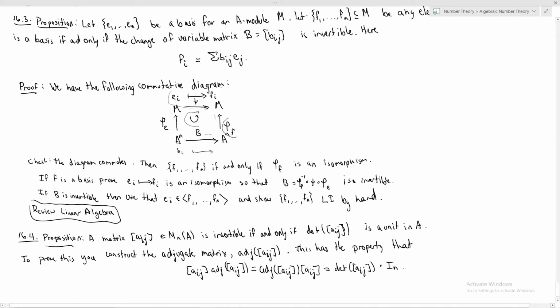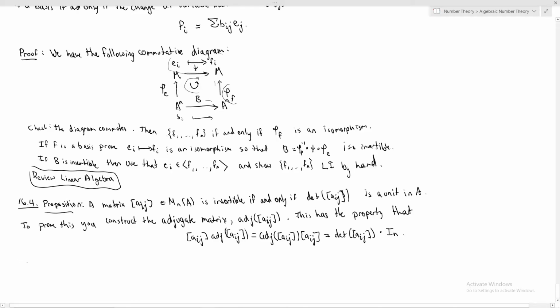Okay. So basically, one direction of this proposition is easy. If I'm invertible, then since the determinant is multiplicative, the determinant of this matrix has to be a unit. If the determinant is a unit, then this matrix is invertible, which means that A_ij times another matrix is invertible, which means that A_ij is invertible.